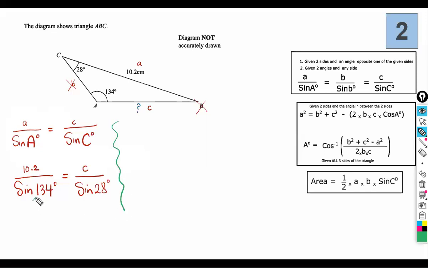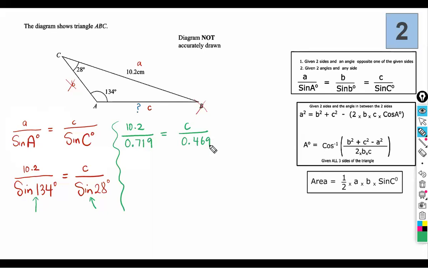Right, so I just want to find sine 124 and sine 28 here. Sine 124 is 0.719 and sine 28 is 0.469. That is what I'm seeing on my calculator.